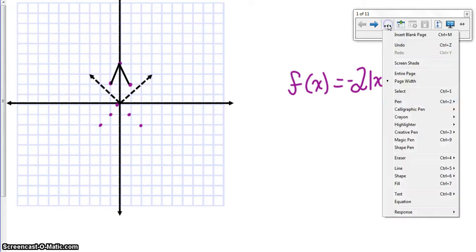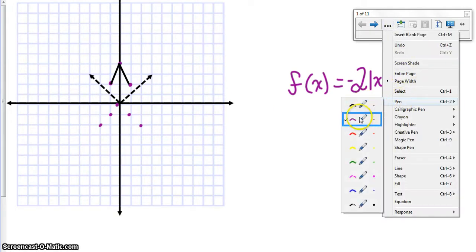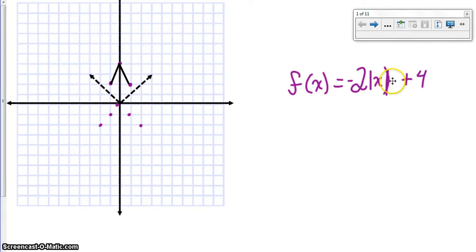Okay, but Mrs. Rose, that means I have a lot of questions to answer. So let me see if I can answer the questions that I might need to answer for my pumpkin project. Let's see. I reflected over the x-axis.